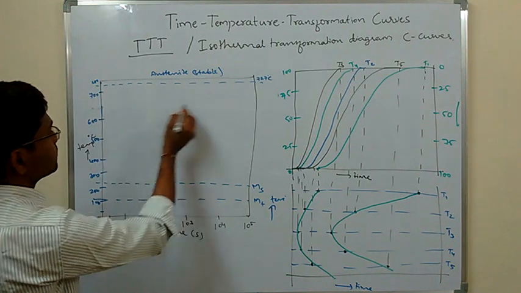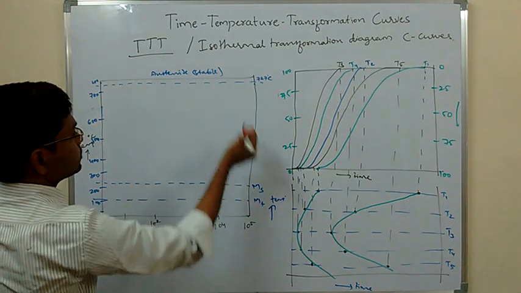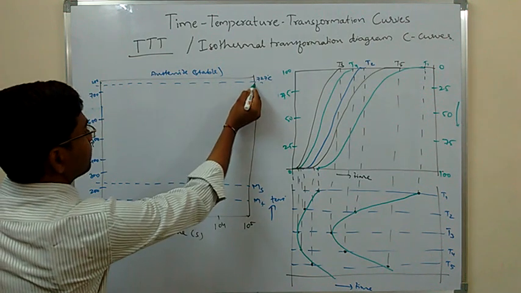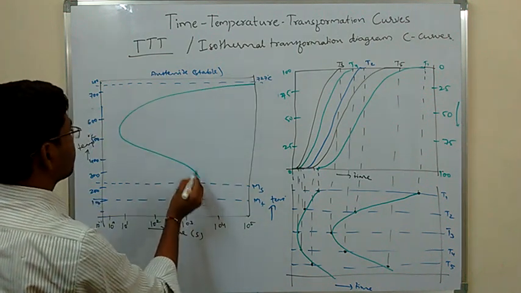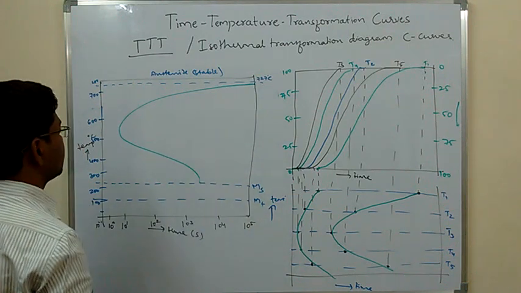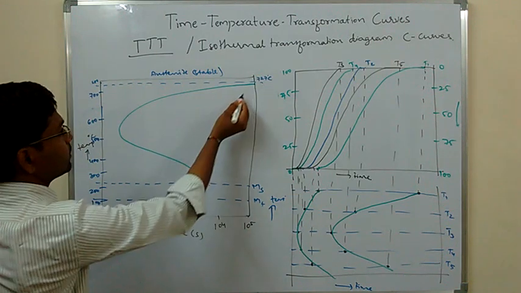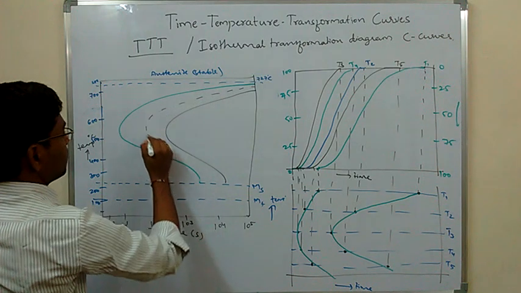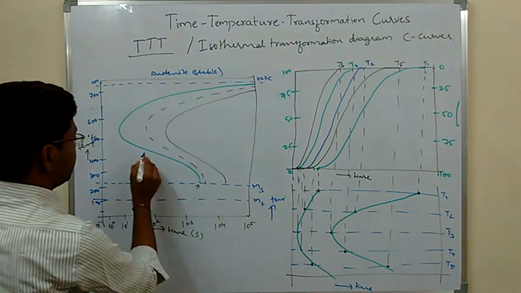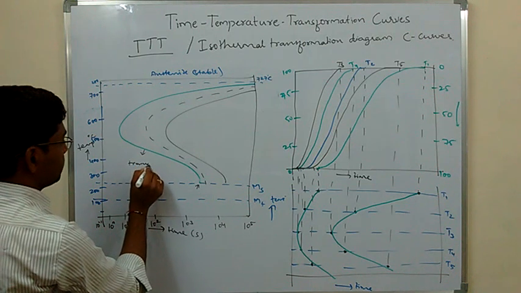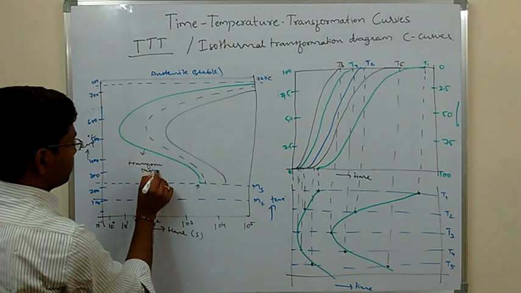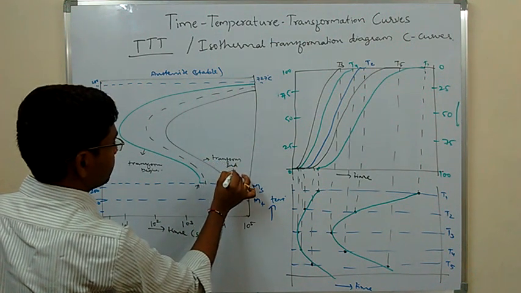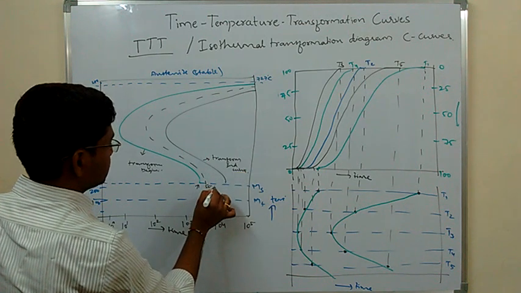So the C curves will be with reference to those lines. Here this curve indicates the transformation beginning curve. This is the transformation end curve. So at 50%, this is in between.